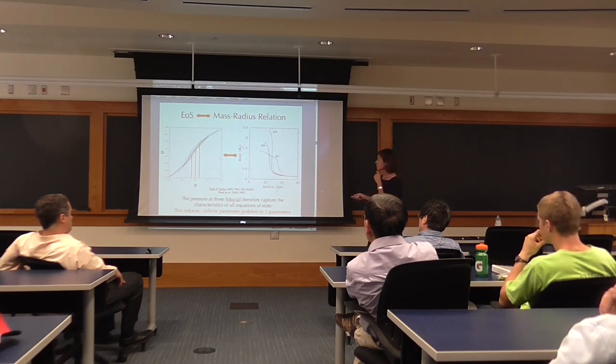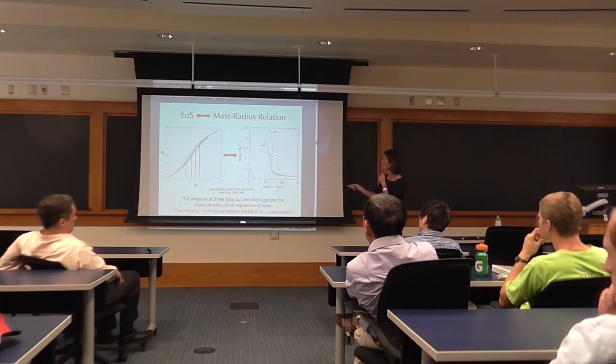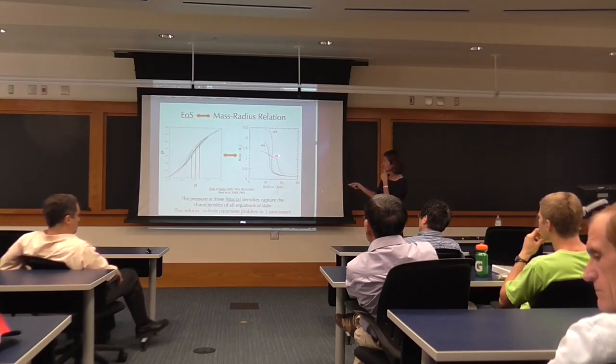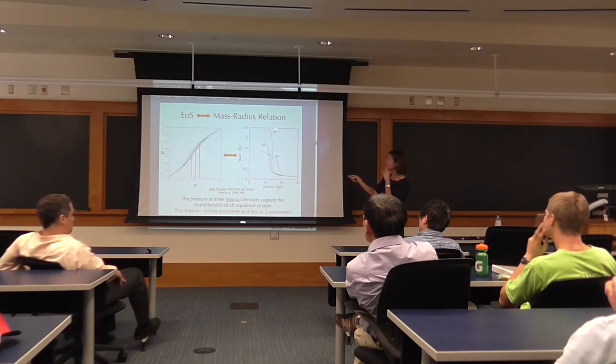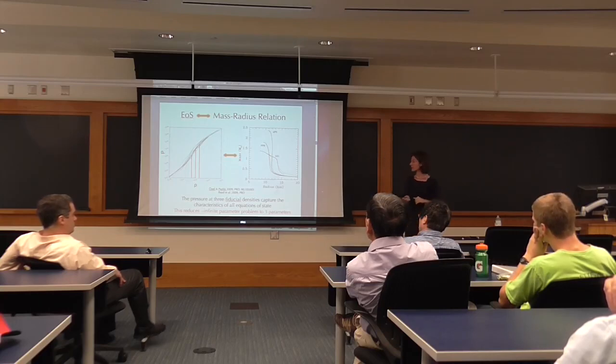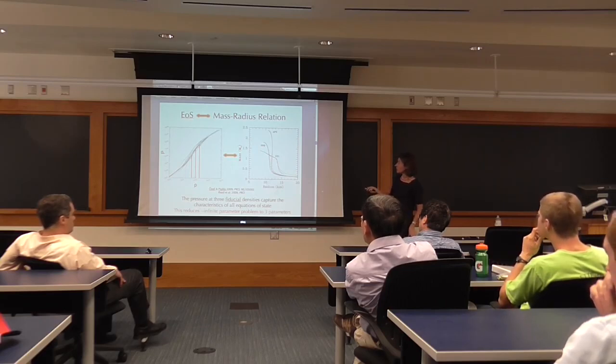There's quite a bit of uncertainty even within certain models. For example, this is a kaon condensate. This is an older nuclear physics model. And this is the nuclear physics model that goes through all the current data, scattering data, levels of light nuclei, etc.